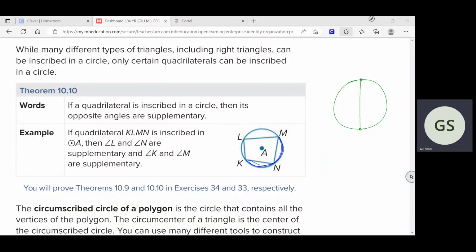For angle N, the opposite angle, here's the arc. Again, we just outlined the circle. Same concept: an inscribed angle is half the arc. So if we add up those two inscribed angles, they have to add up to 180, because that's half of the 360 of the two arcs we just outlined.